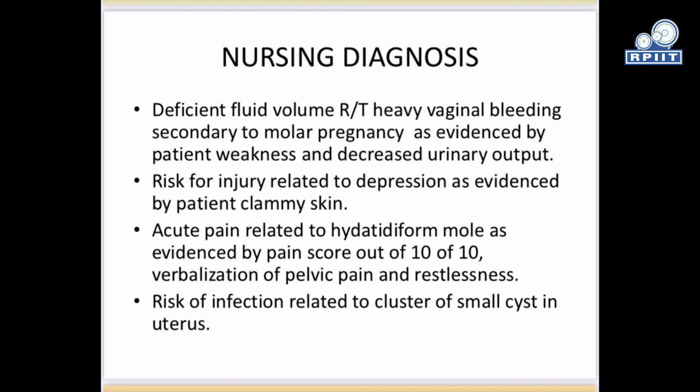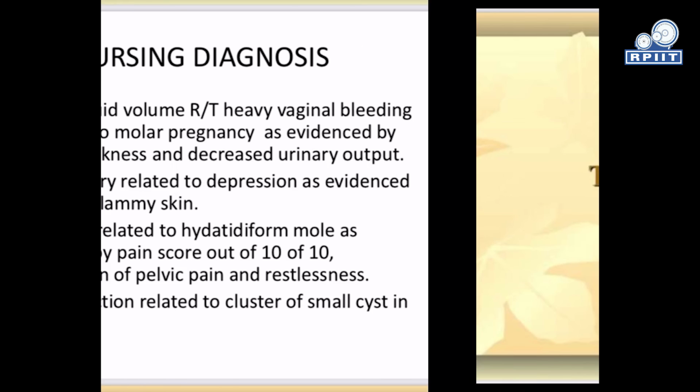Next is acute pain related to hydatidiform mole, as evidenced by pain score of 10 out of 10, verbalization of pelvic pain and restlessness. Next is risk of infection related to cluster of small cysts in the uterus.